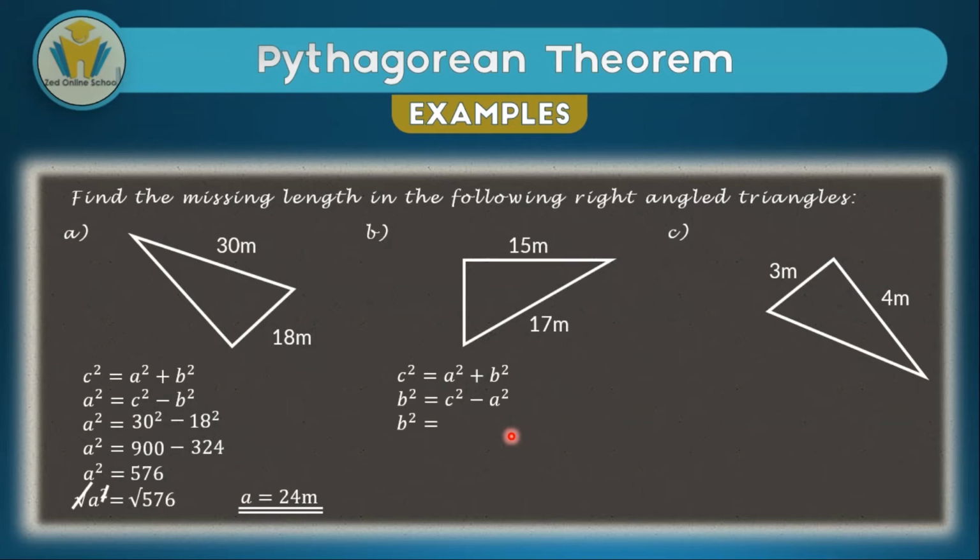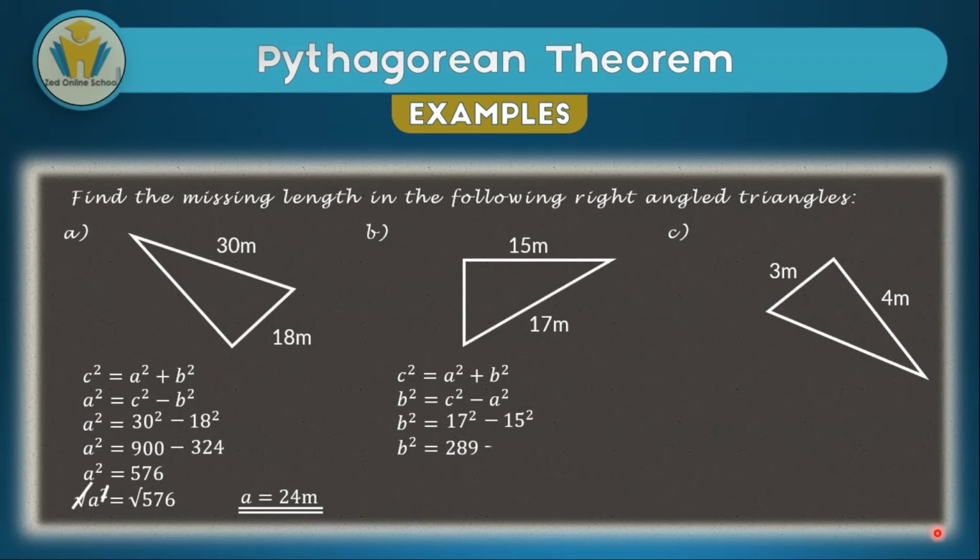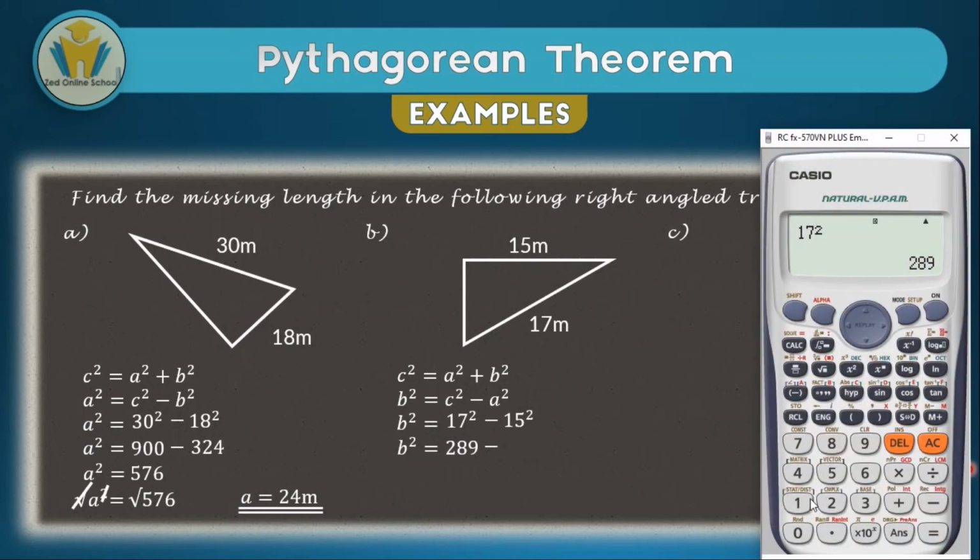b squared will be equal to 17 squared minus 15 squared. 17 squared gives us 289. We can write that in advance. Then we find the square of 15, which should be 225.